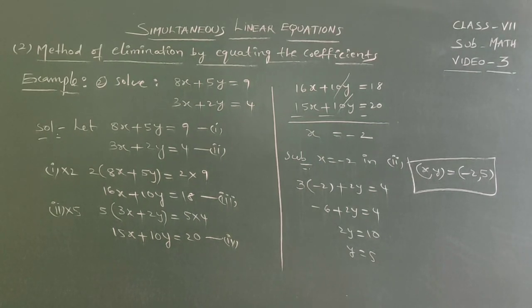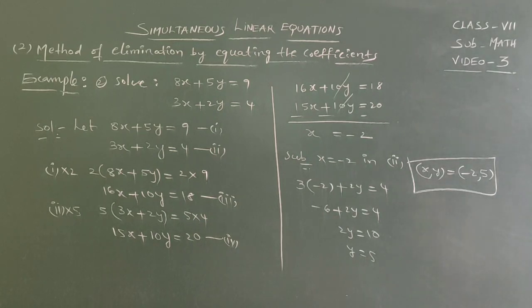8x plus 5y equal to 9. 3x plus 2y equal to 4 they gave. Let first and second equations. Here the coefficient of x 8 and 3, coefficient of y 5 and 2. Now I need to equal the coefficient of y by multiplying first equation by 2, second equation by 5.